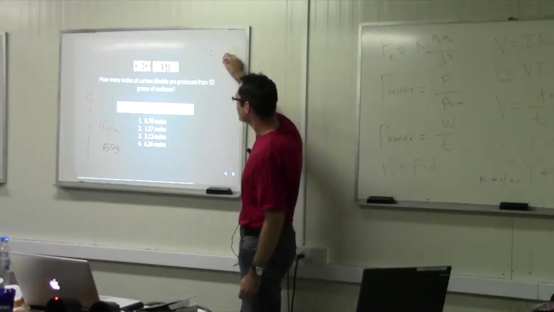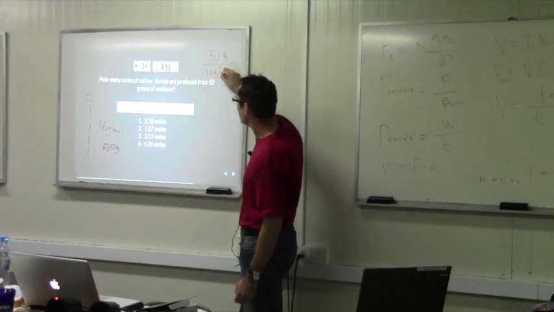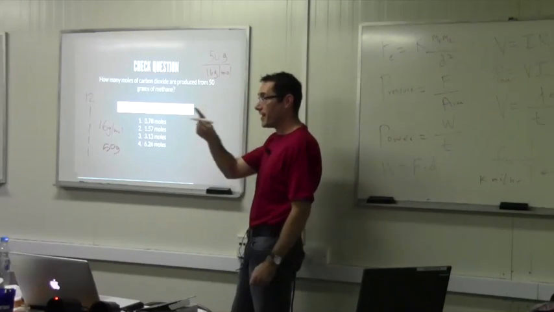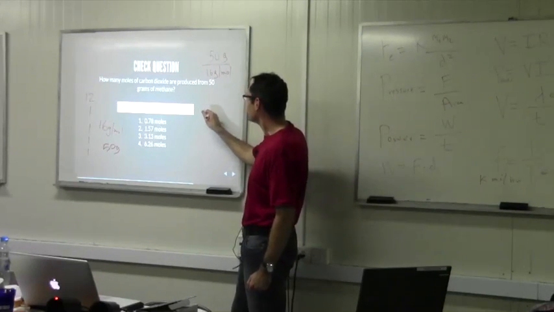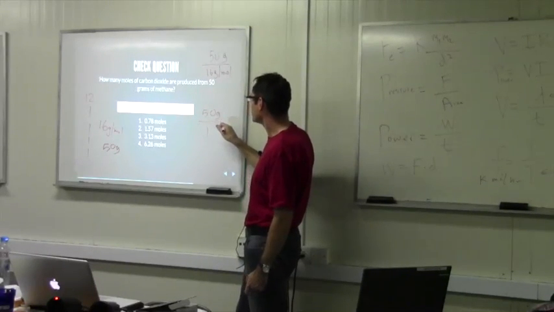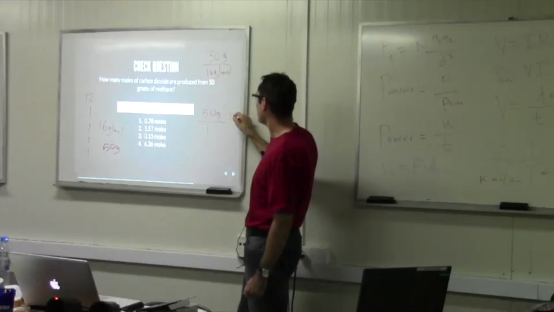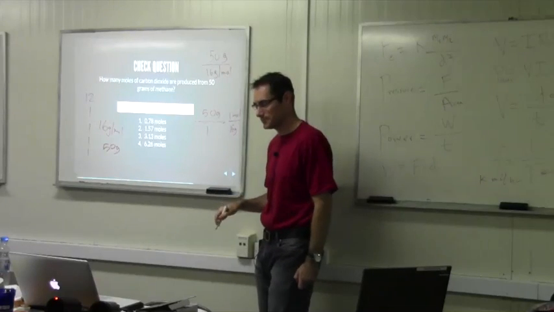50 grams divided by 16 grams per mole. Now let's do this. It's going to be 50 grams divided by 1 times what? You flip it, right? 1 mole divided by 16 grams.